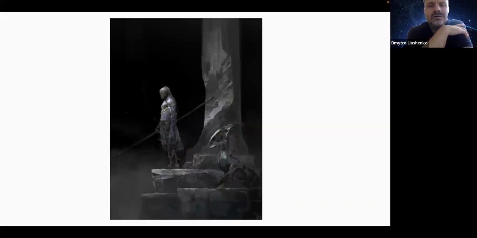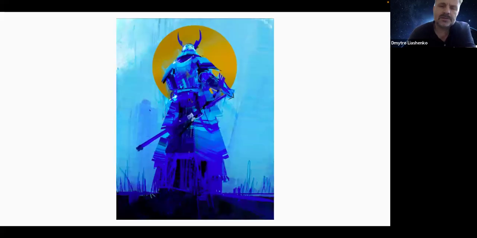Also, contrast and light, a lightening figure on the black, almost black background. It also gives us understanding of importance.